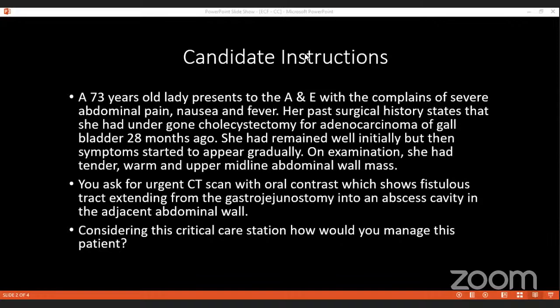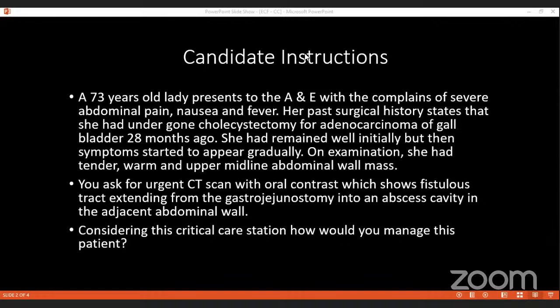What measures would you take to protect the skin from excoriation? Yeah, to prevent the excoriation of the skin, put the patient on zinc ointment and zinc tablets.